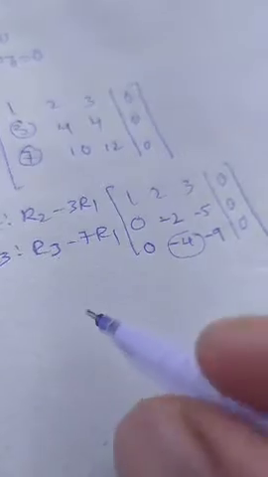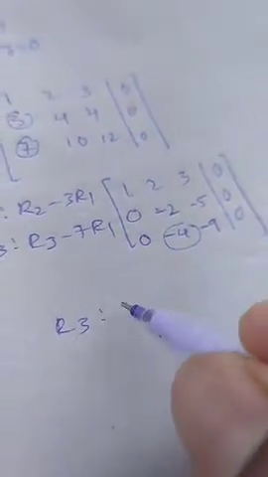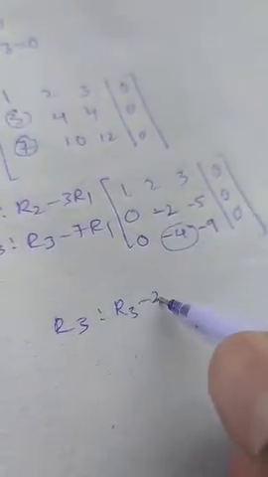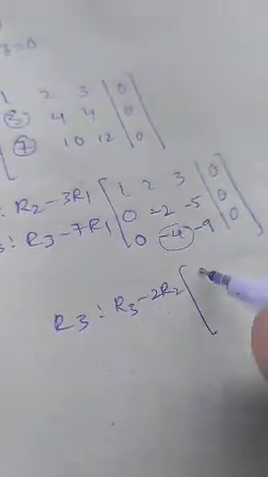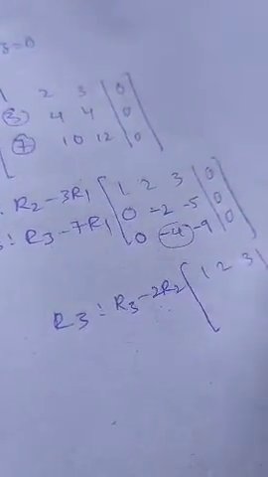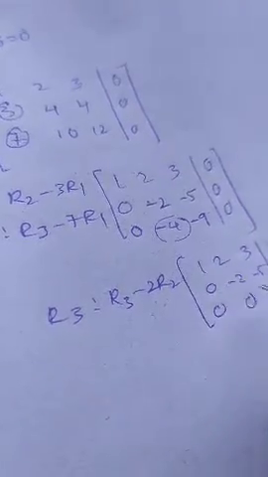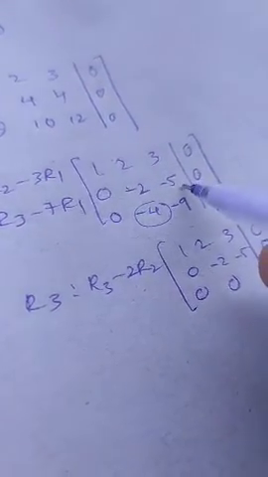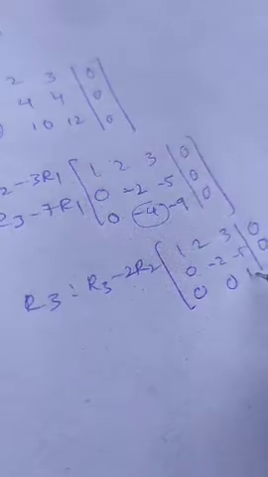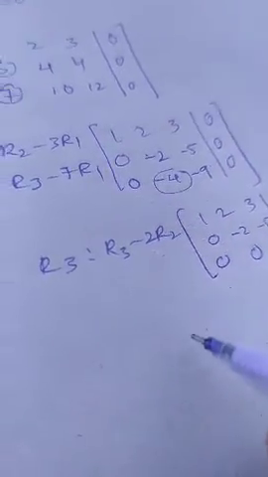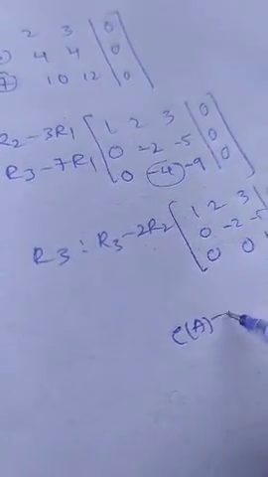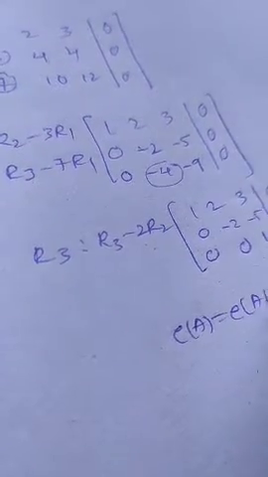Right? Make this element 0. R3 minus 2R2: 1, 2, 3, 0, 0, minus 2, minus 5, 0, 0, 0, and minus 9 plus 10 is 1, 0. So here rank of A equals rank of AB.